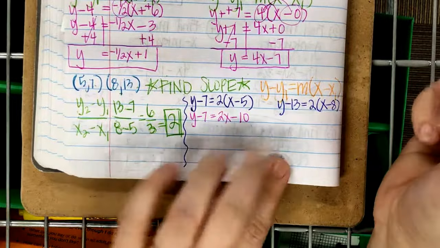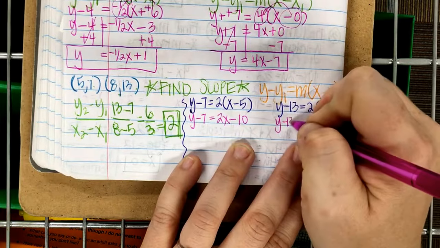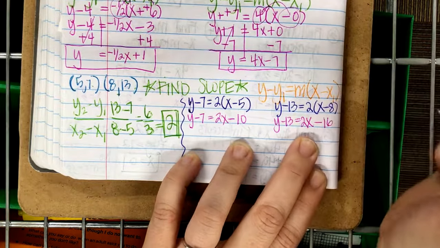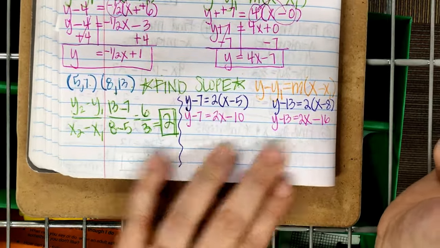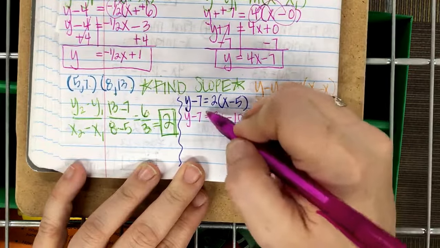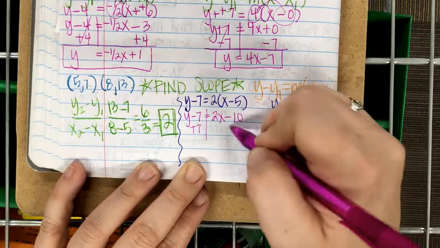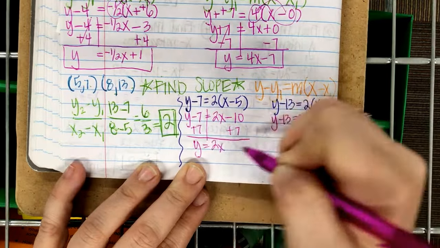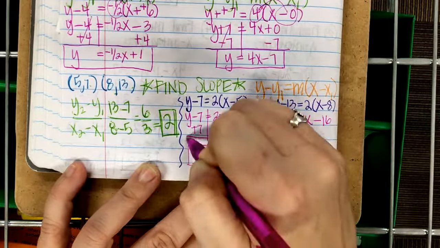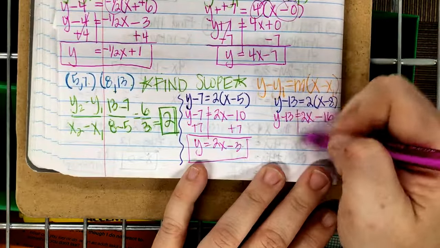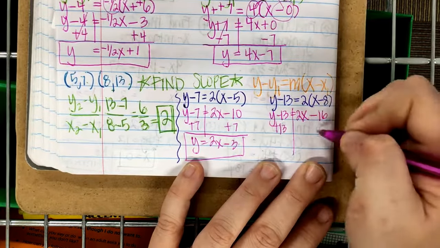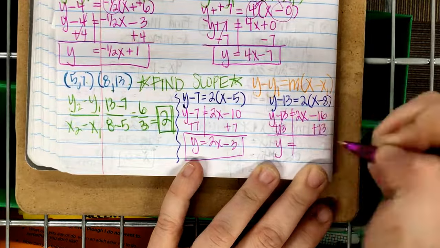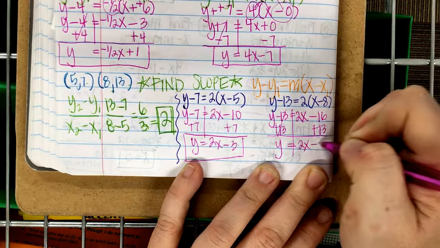Am I correct? Gentlemen, you got y minus 13 equals 2x minus 16. Yes? All right, so then ladies added 7 to get y equals 2x minus 3. Am I right? And gentlemen, you added 13 and got y equals 2x minus 3.